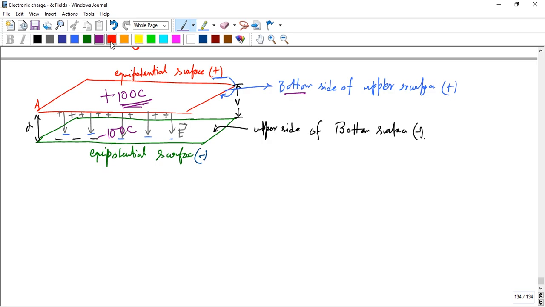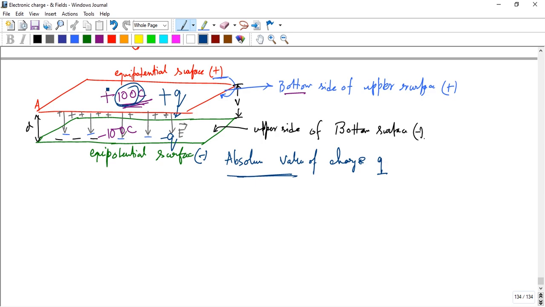The absolute value of the charge on any surface, upper or lower, is called Q. One is plus Q and the other is minus Q, so the absolute value of the charge is Q.